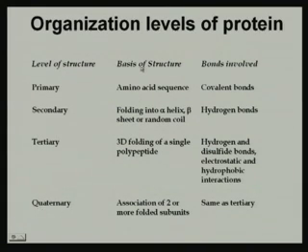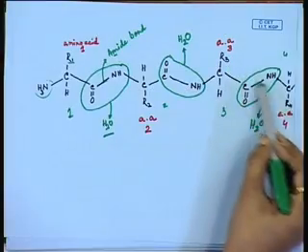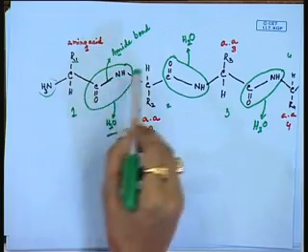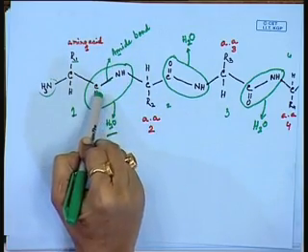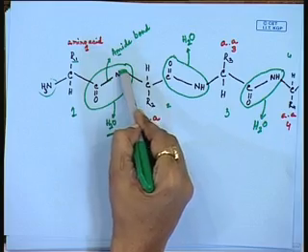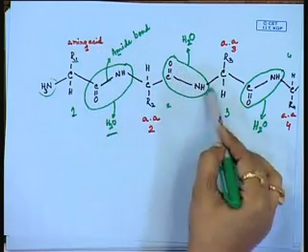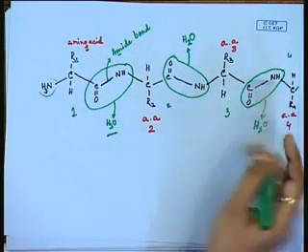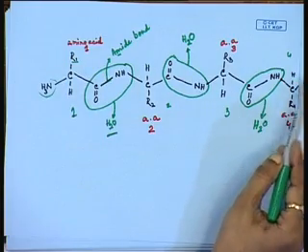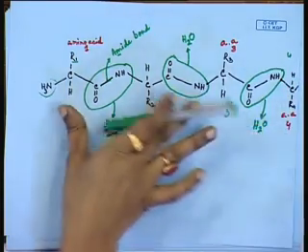The primary structure is the amino acid sequence. As I have shown you, the carboxy terminal of one amino acid is joining with the amino terminal of another amino acid, and in this way they form a big chain, resulting in one free amino terminal and another free carboxy terminal of this chain.